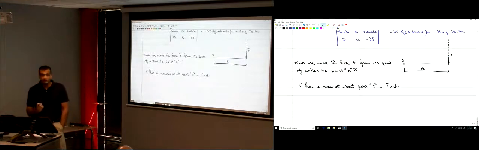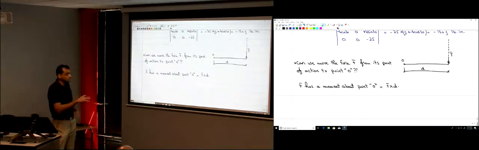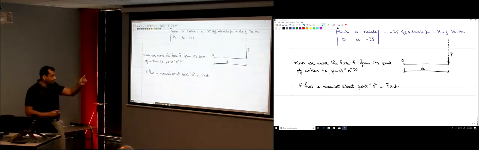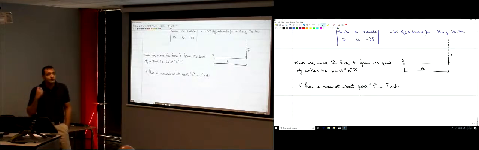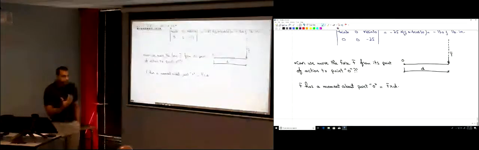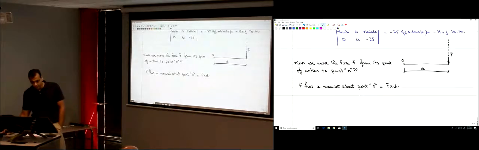So it has a moment, it has an effect, it can rotate an object about point O, okay? If I move F to point O, how much is the moment of F about point O? 0. So moving it, I'm just neglecting or diminishing its ability to rotate an object about point O, which is not the real life, okay? Which is not the real thing. So I cannot do this, okay?